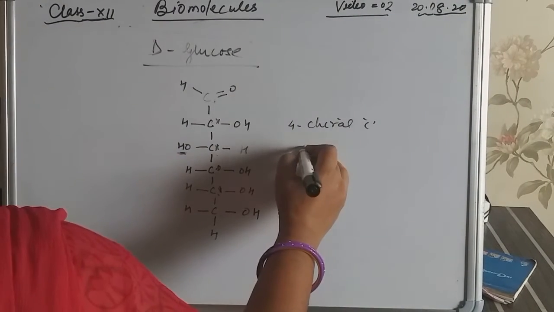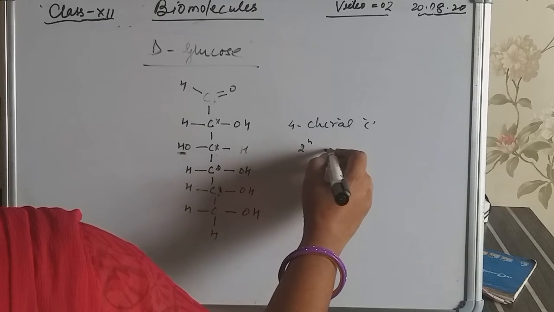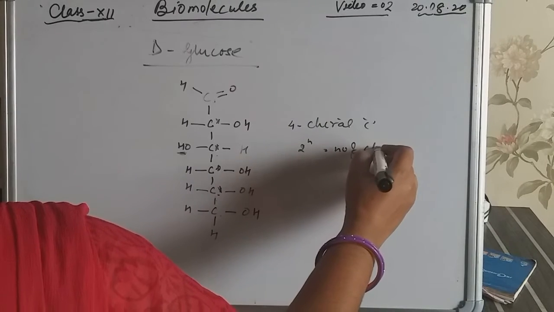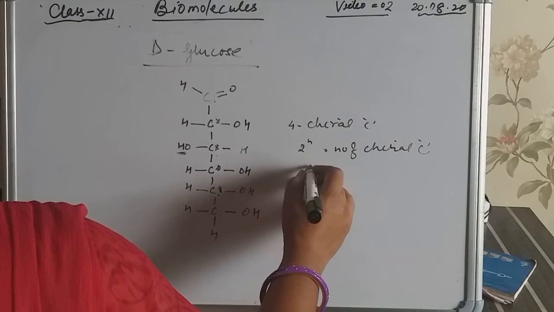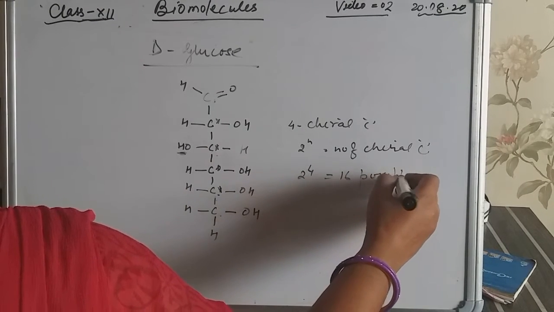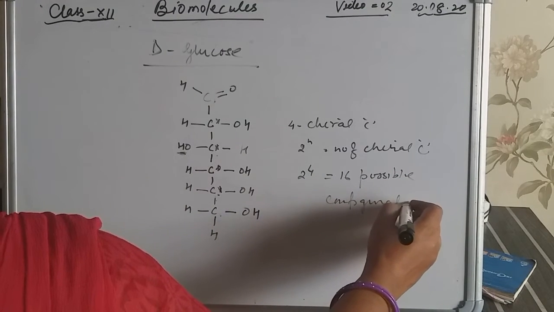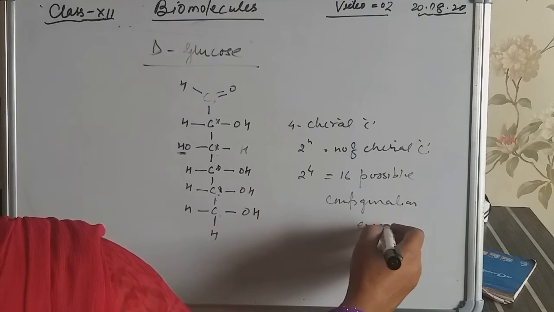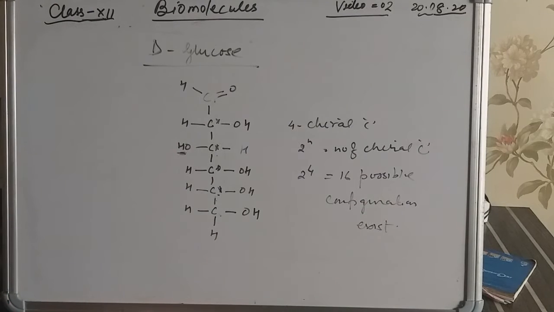And how can we find the configurations? It is 2 power n, where n is the number of chiral carbons. So 2 to the power 4 gives a total of 16 possible configurations. So 16 possible configurations exist in nature for D-glucose.